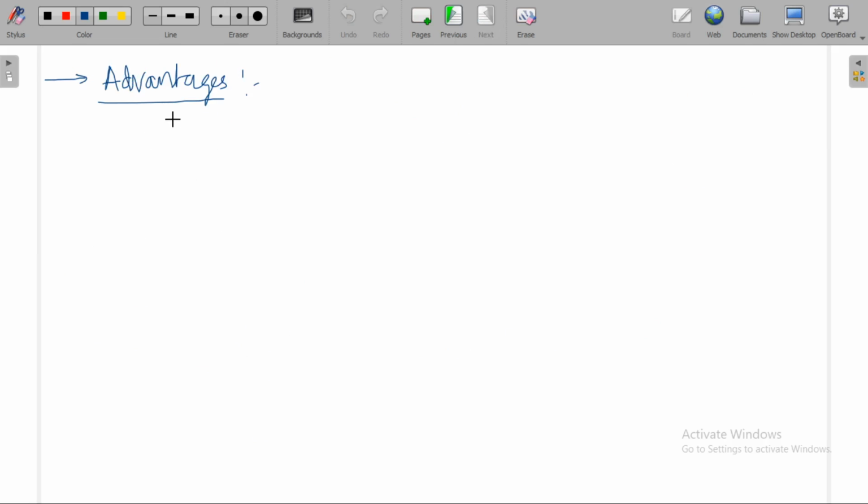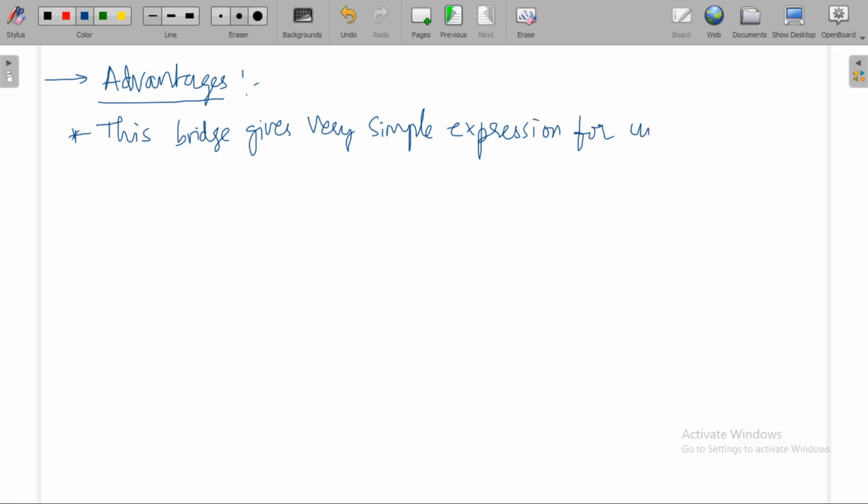Coming to the advantages, this bridge gives a very simple expression for unknown inductance for high Q coils, that is Q greater than 10.